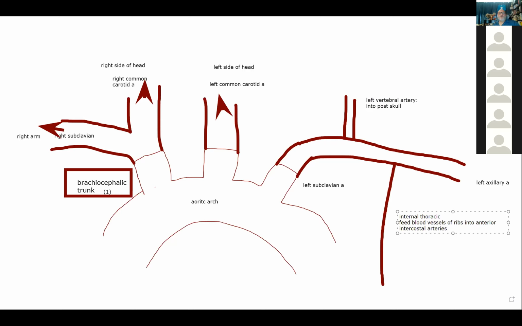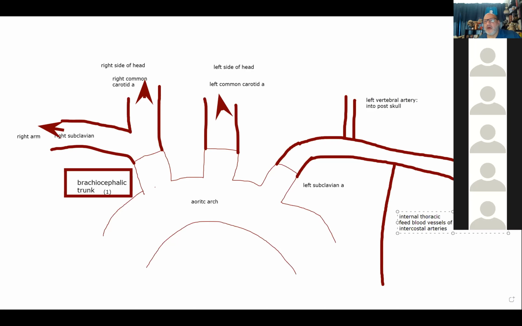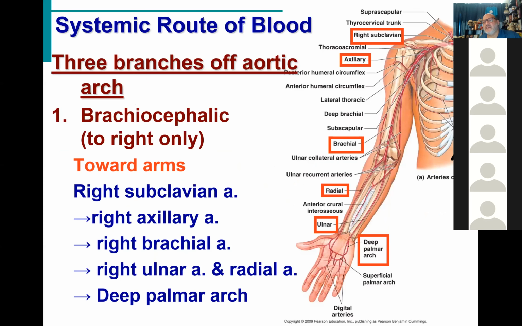So if we cheat and go back to the pretty picture, notice if we look closely at our image here, we can see how indeed, so yeah, the labels are off. There is the common carotid going off this way, but this little blood vessel right here, that is the vertebral artery going up through the transverse foramen of the cervical vertebrae.